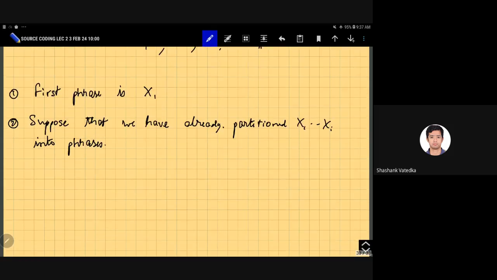The rule is the following. Suppose that we've already partitioned x1 through xi into phrases. This is how you generate the next phrase.